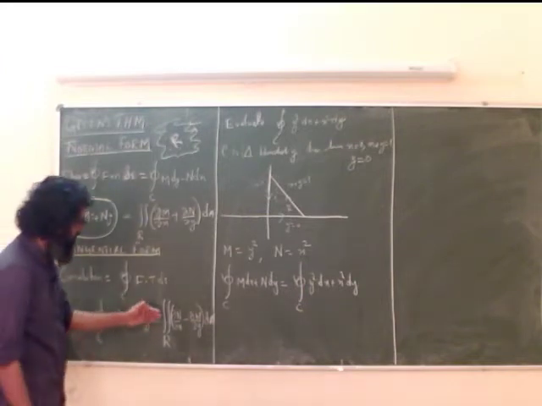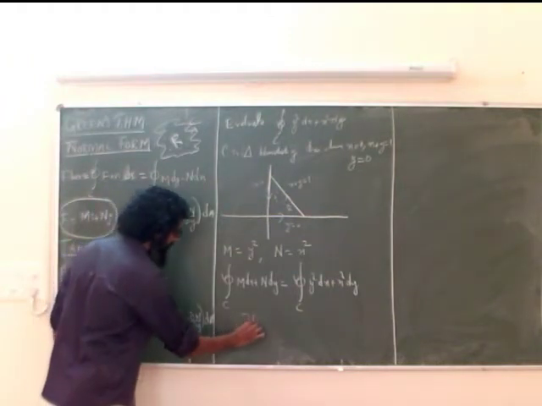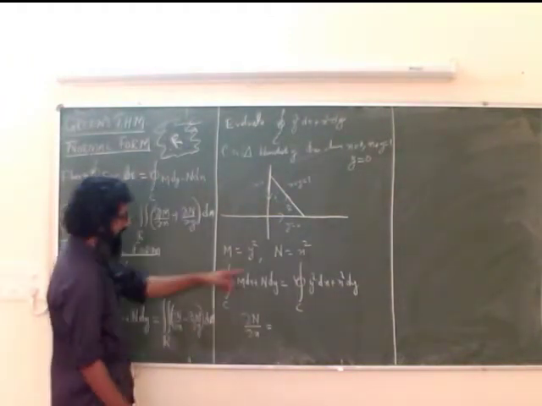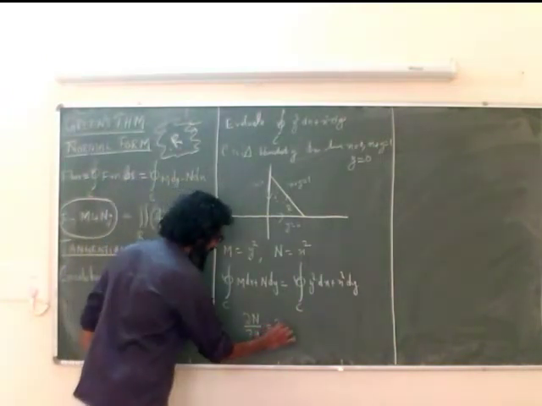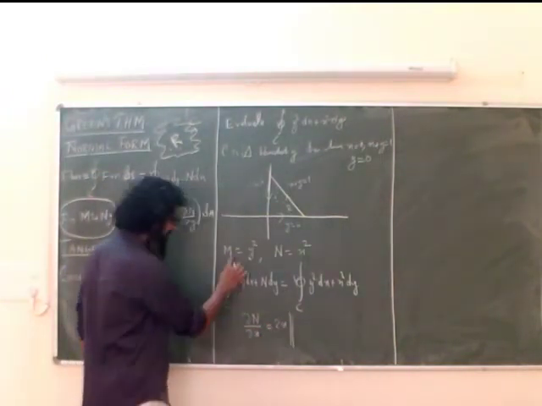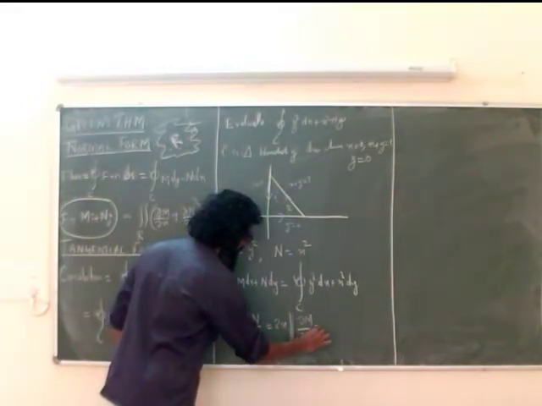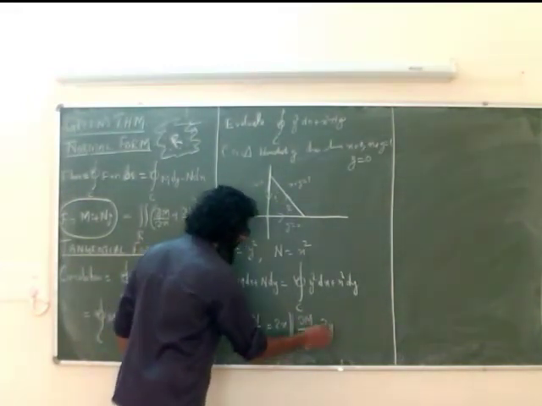So n is x square, so dou n by dou x is 2x, and m is equal to y square, so dou m by dou y is 2y.